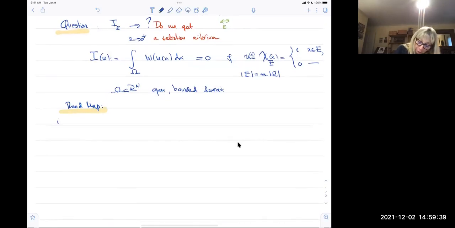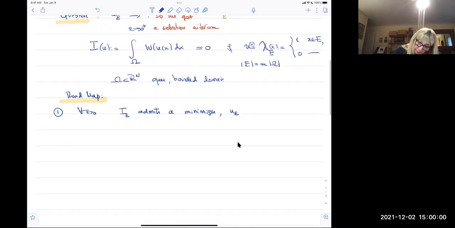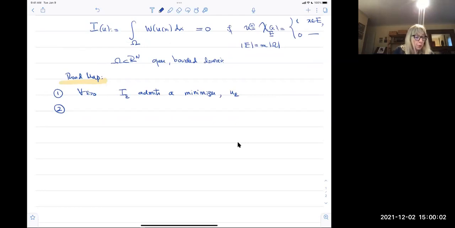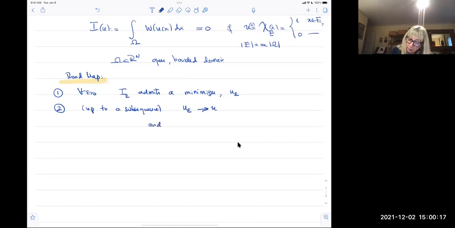First, we need to prove that for every epsilon positive, I epsilon admits a minimizer. It may not be unique, okay? But say it is a minimizer, and I'm going to call it u epsilon. Then I want to show that, up to a subsequence, which I will not relabel, u epsilon converges in some topology to some u, and u has the good taste of being one of these functions.